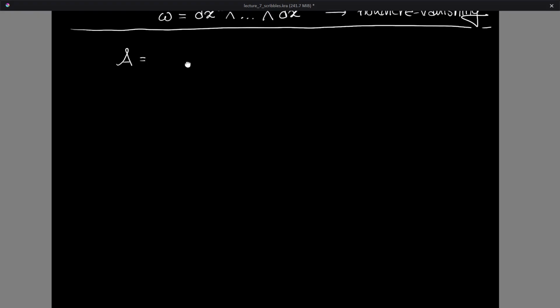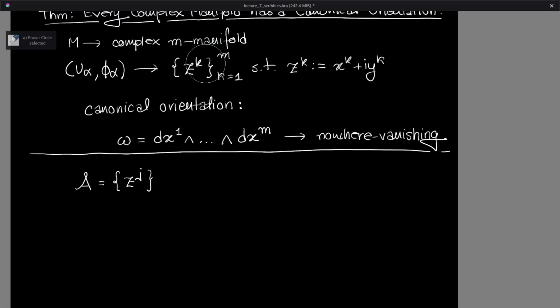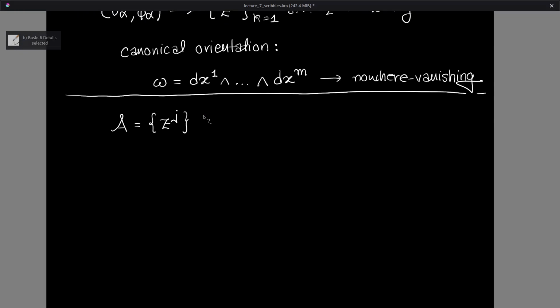Let's say that A is this coordinate system that we already have. Let's call it z_j, where z_j is equal to x_j plus i y_j.